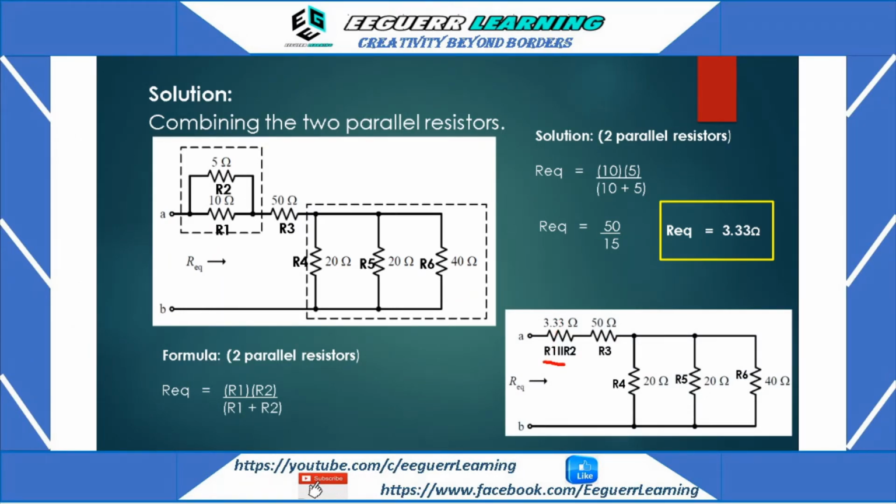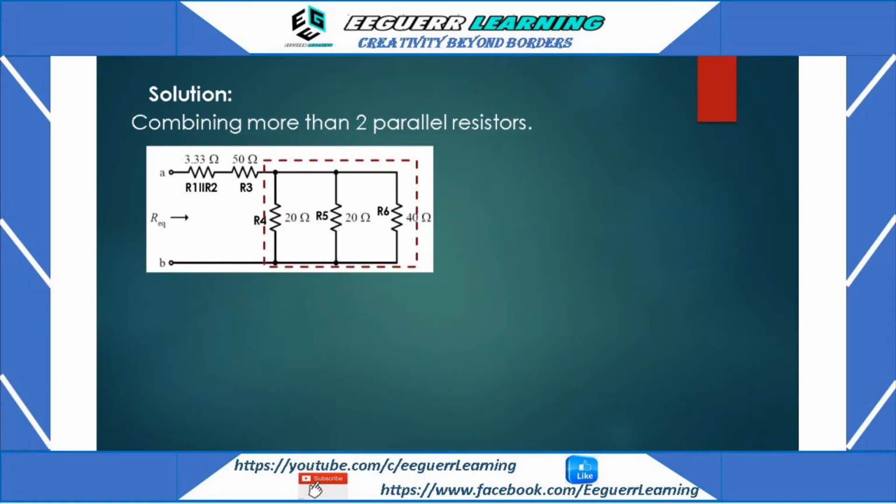So here we have now our combined resistance for R1 and R2 as compared to this one. We already combined the R1 and R2. Okay, so let us continue for the next combination of parallel resistors.